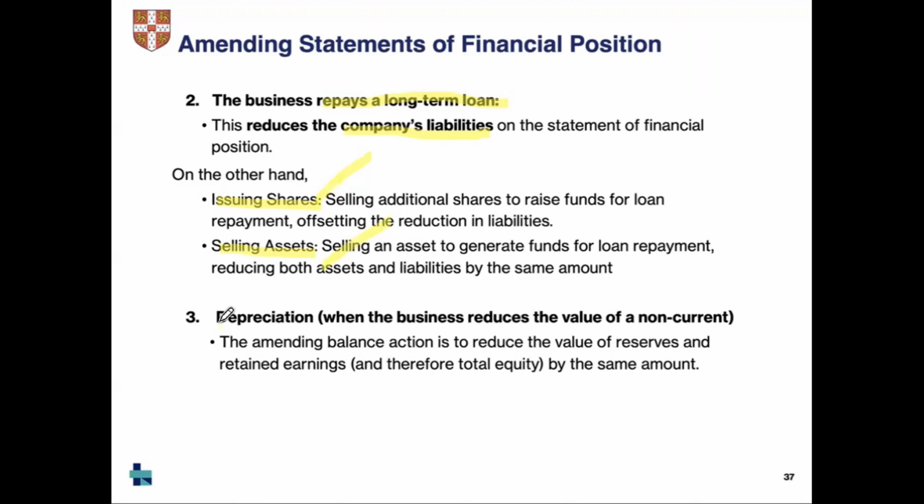We will talk about depreciation, which is the third thing here. We'll talk about depreciation as a topic on its own. But what is depreciation? Depreciation is when a business reduces the value of a non-current asset. The example I cited: if we bought a car for 10,000, the car after 2 years, after 3 years, will not have a value of 10,000.